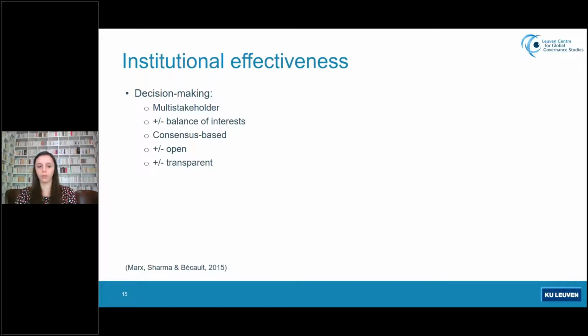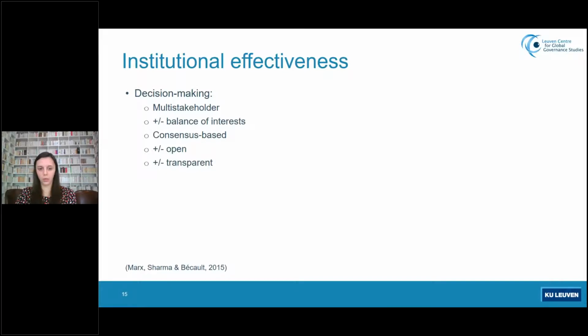As we saw, they are created by firms and NGOs, but they can also include other actors such as academic experts or basically any individual who wishes to participate. This is also not the case for all VSS, but this is what they tend to do. And most VSS are built in such a way that they try to ensure that the different interests are equally represented.